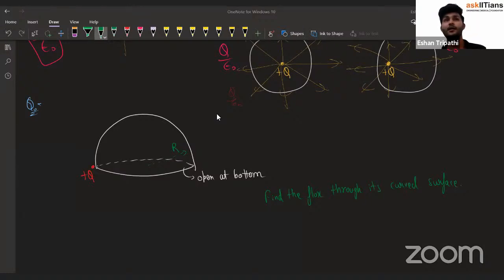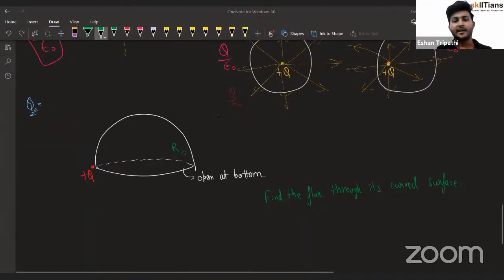Okay, if you're talking about flux, what we're actually imagining over here is the flux density, right? Flux per unit area. Flux per unit area is the electric field, isn't it so? And electric field is larger at closer points.